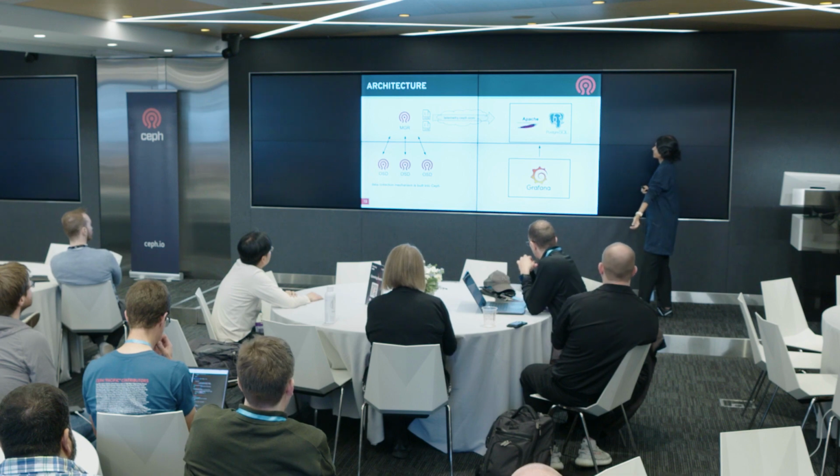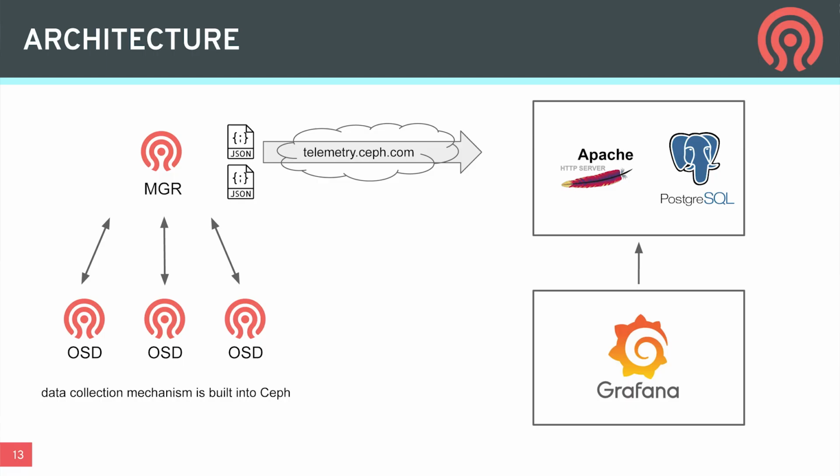Let's briefly talk about the architecture. Every day, the Ceph Manager daemon collects data from all of the daemons in the cluster, and the data collection mechanism is built into Ceph.